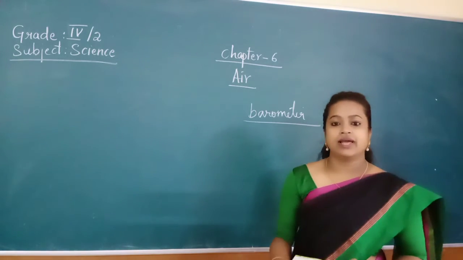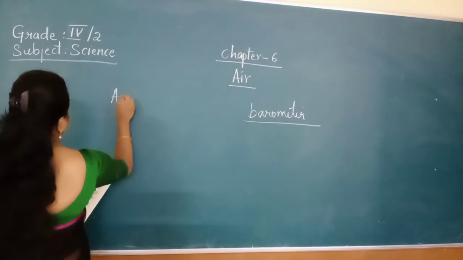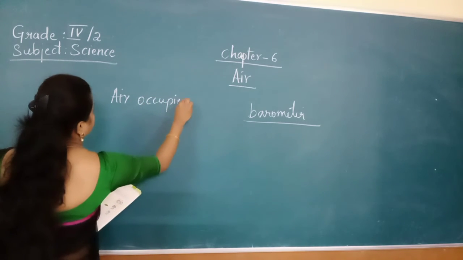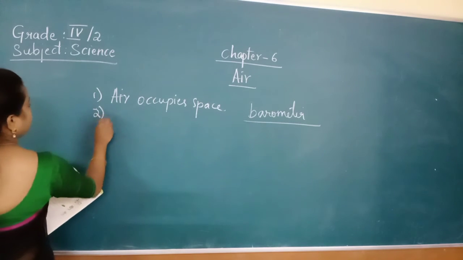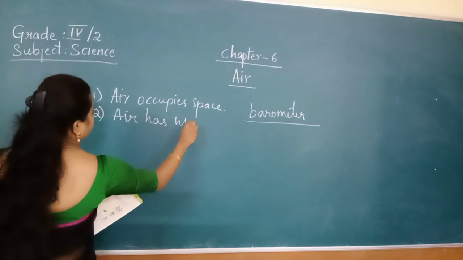Now let us go for the air exerts force. Till now we have seen that air occupies space. This is the first one we have seen. Second one, air has weight.